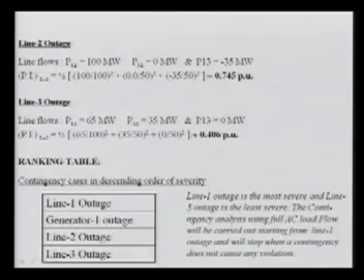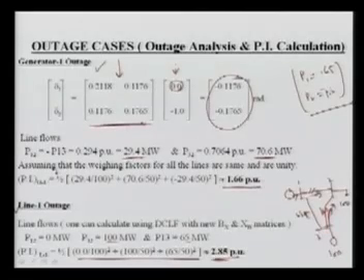Similarly, if we go for the line 2 outage, you will find this type of concept. You can see line 2 outage means this line, 1.3, is going out.